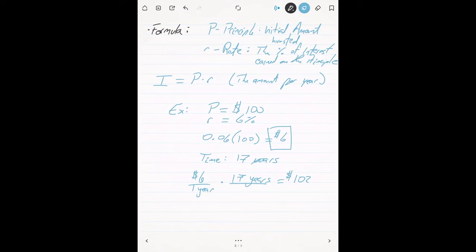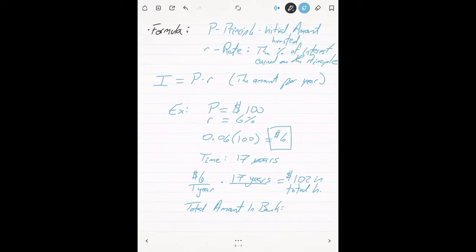So how much money would in fact be in your account? And let's again assume you never withdrew anything and you never deposited anything. Over those 17 years, you started with $100, and then every year they gave you another $6. So this is how much total interest, I'll abbreviate that IN. What about total amount in the bank?